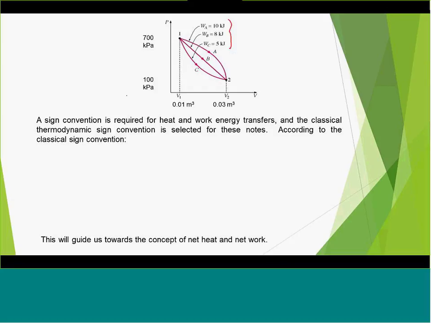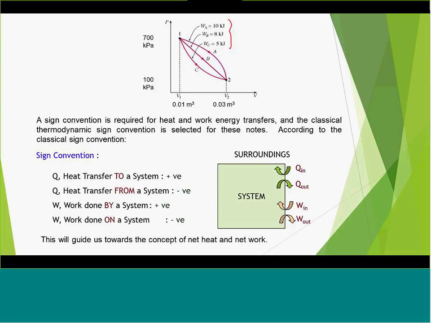The sign convention is required for heat and work energy transfer, which is the classical thermodynamic sign convention. We have discussed this. We have a closed system and the surroundings, so the heat is coming in, the work is coming in, or the heat is coming out.